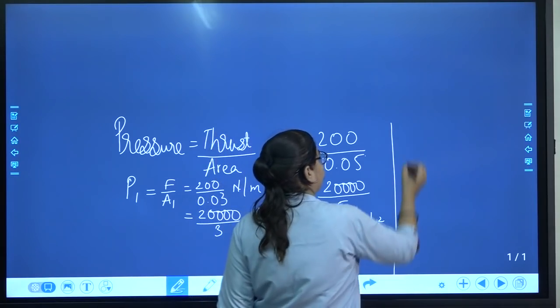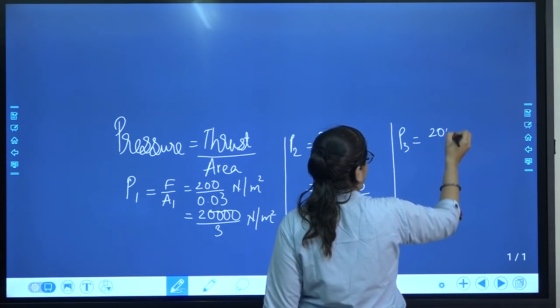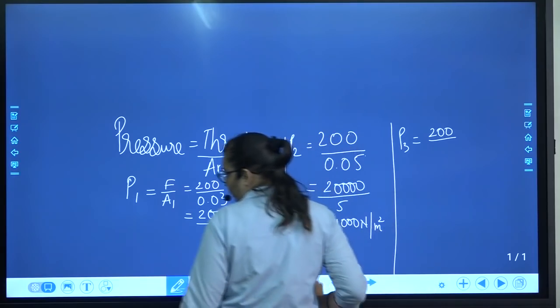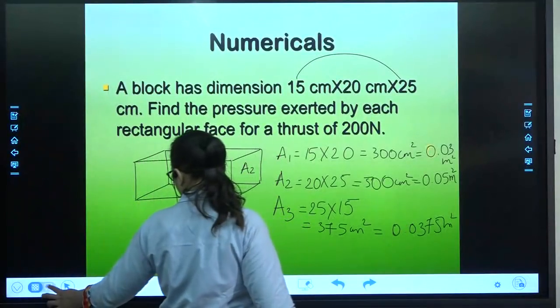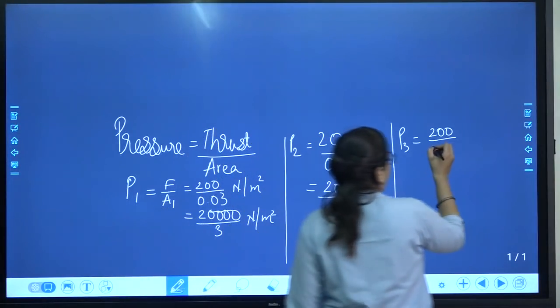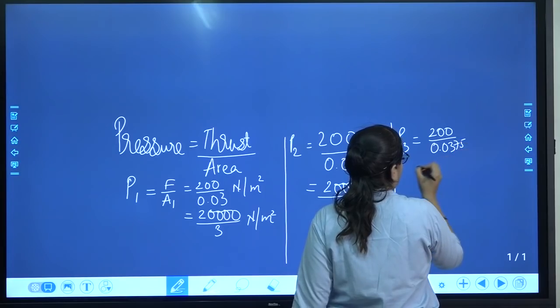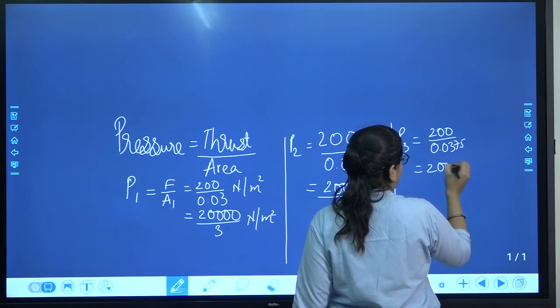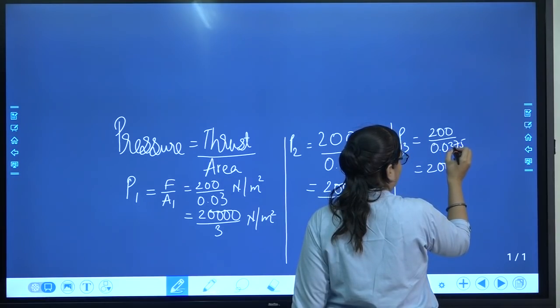Third one. What is the third area? 0.0375. One, two, three, 1, 2, 3, 4.